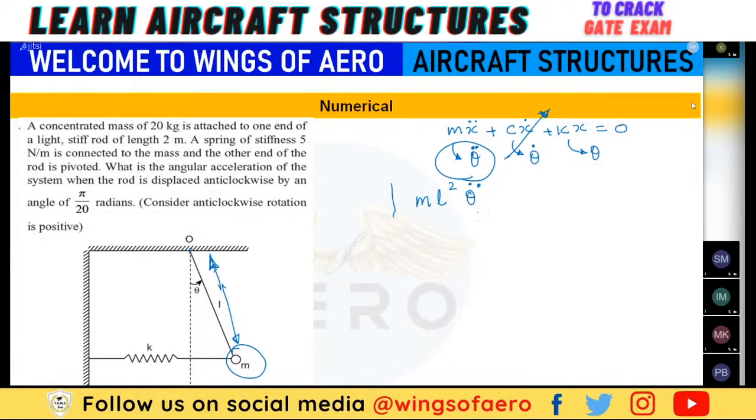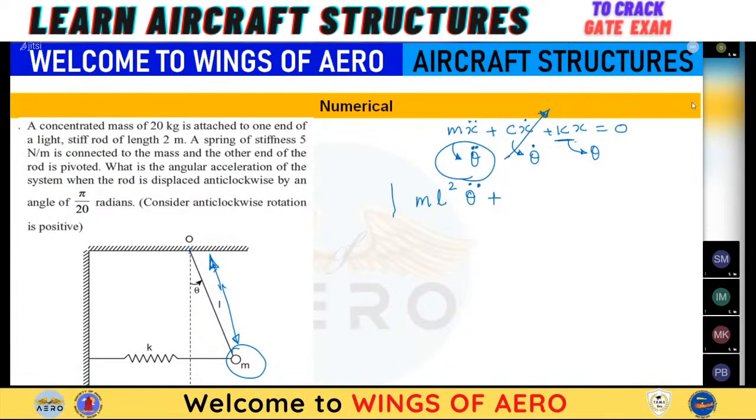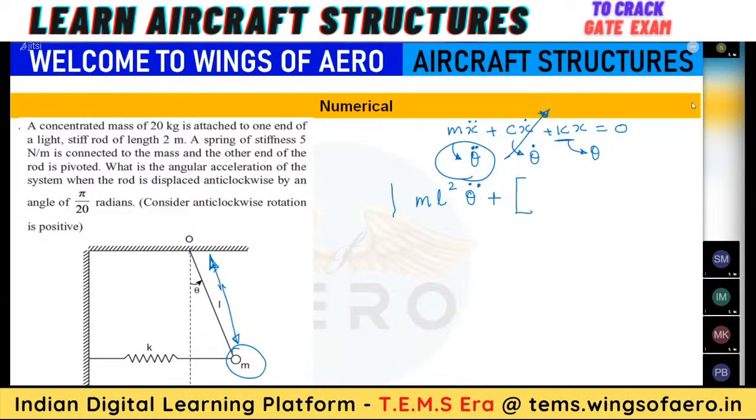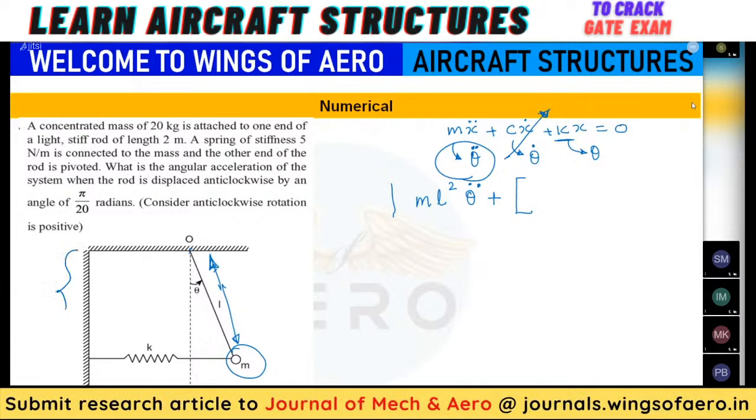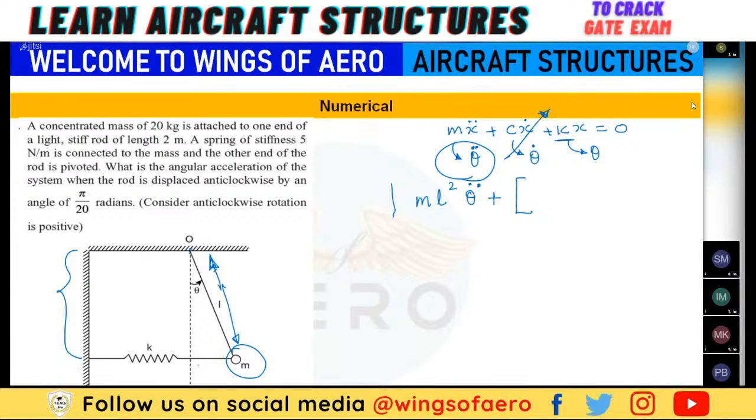Then plus, now we need to find the k value. Here we have one spring k, multiplied by the distance at which it is located from the fixed point.